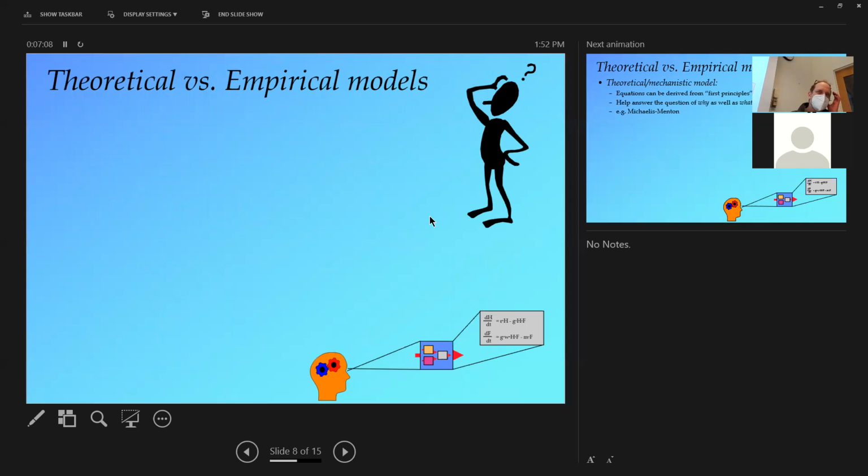Now, I want to take just a moment to say that part of the reason we did the exercise we did, where we were thinking about, okay, here's a phenomenon, what's the basic formulation that might make sense, is that where possible, we want to use our mechanistic or theoretical understanding of the relationship between variables to be our guide in choosing the equations that we're using.